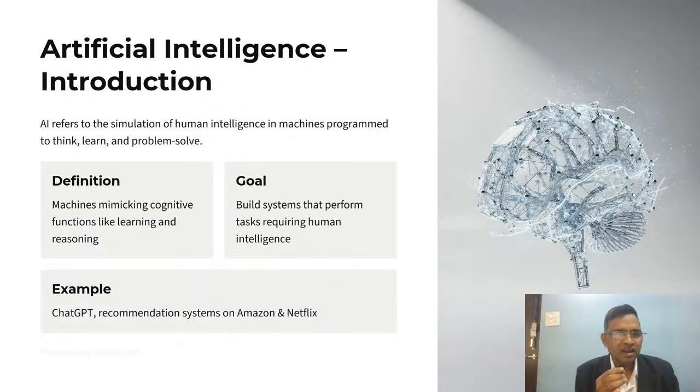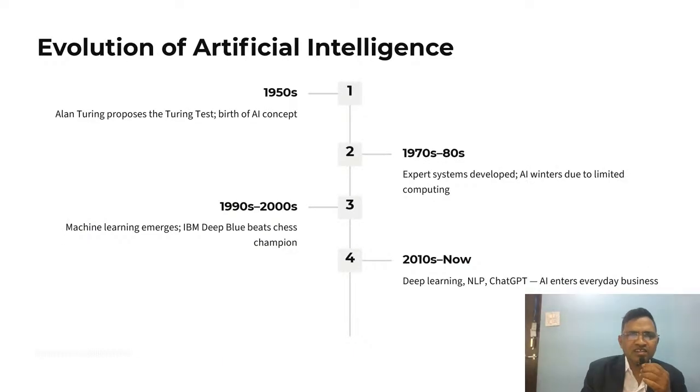It learns and makes reasoning. So what is the goal of AI? To build a system that performs like a human and has human intelligence. Example, ChatGPT.